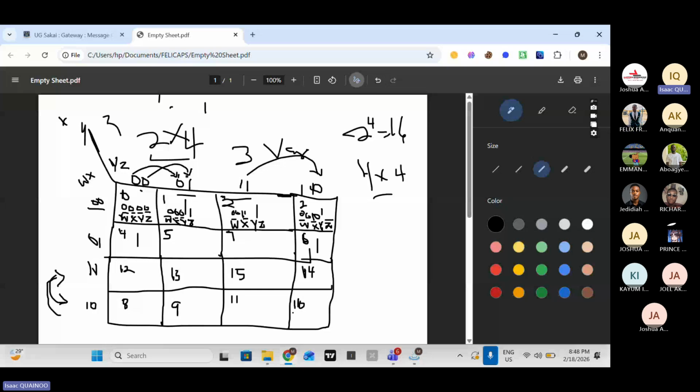Okay. So basically the comparisons are done between the bits and its adjacent bits. They have to differ by one.